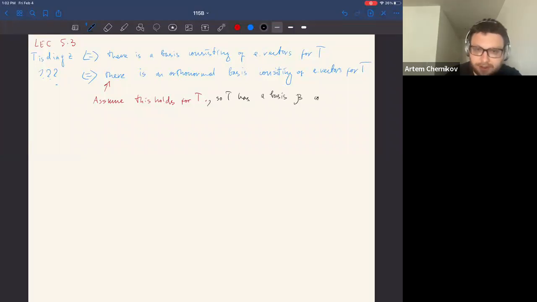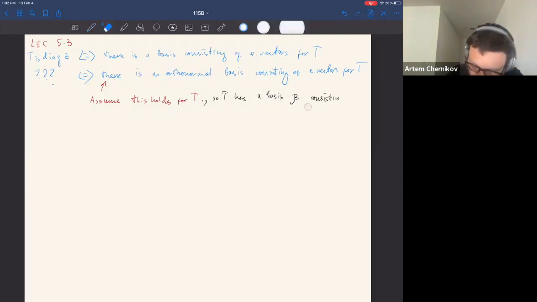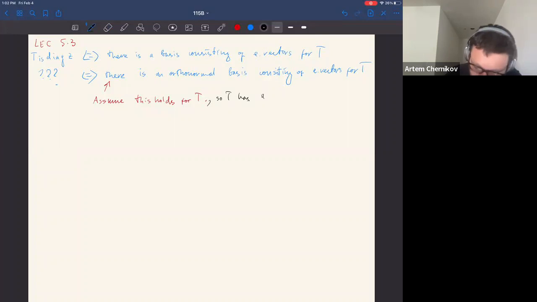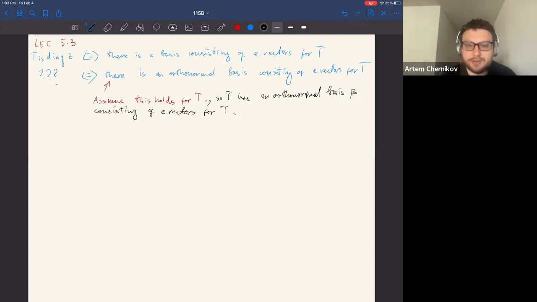Let me write it maybe. T has an orthonormal basis beta consisting of eigenvectors for T. Okay, so assume such a basis exists.